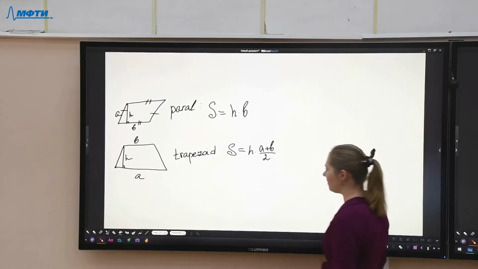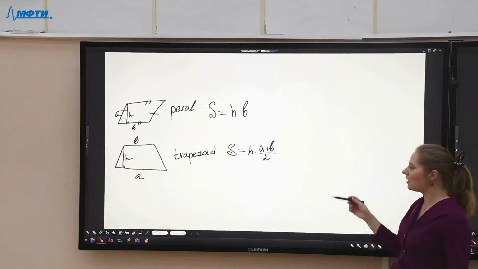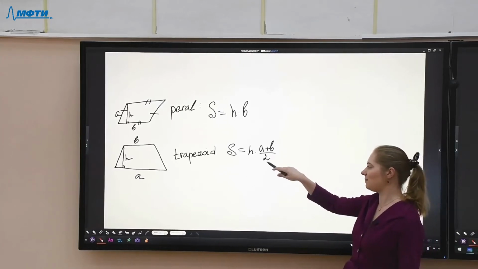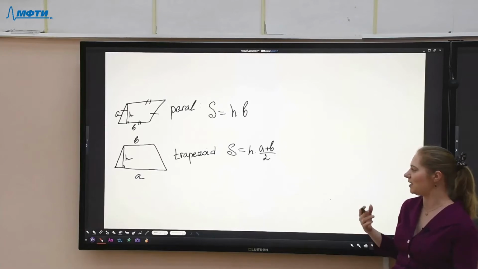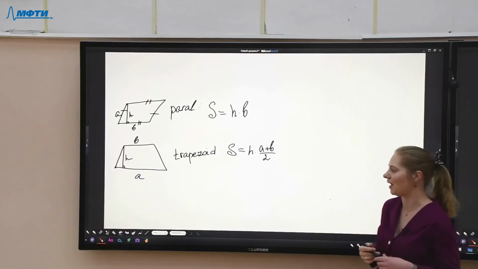And if you remember, if we draw a midline in a trapezoid, the length of this midline will be exactly A plus B over 2. So we can say that an area of a trapezoid is an altitude times the length of the midline.